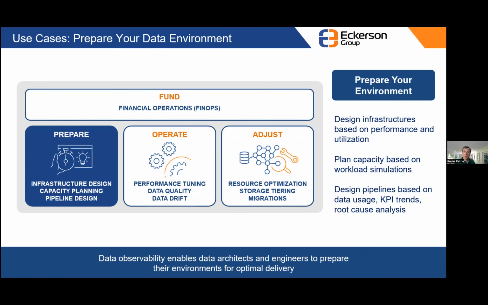Let's dig in a little further to the first category of use cases, preparation. Enterprises need to prepare their environment for data delivery, for operating data pipelines. They need to design infrastructures based on a deeper understanding of performance and utilization trends.